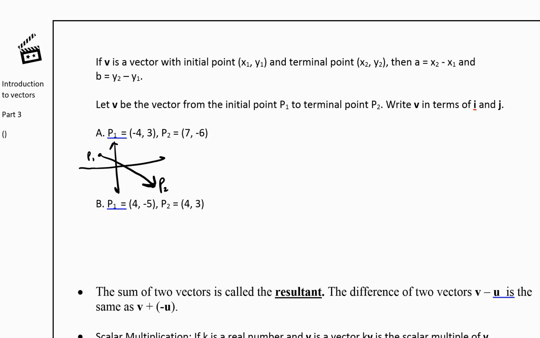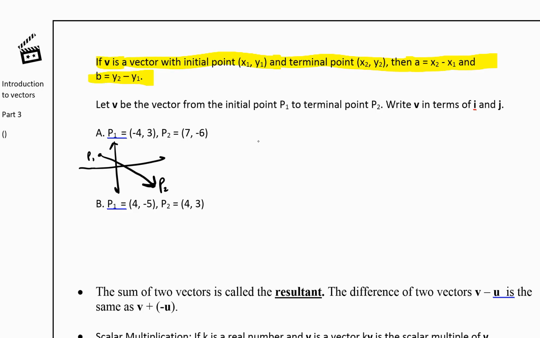Well, this tells us up here that if your initial point is (x1, y1) and your terminal point is (x2, y2), then your a is going to be x2 minus x1, and your b will be y2 minus y1.